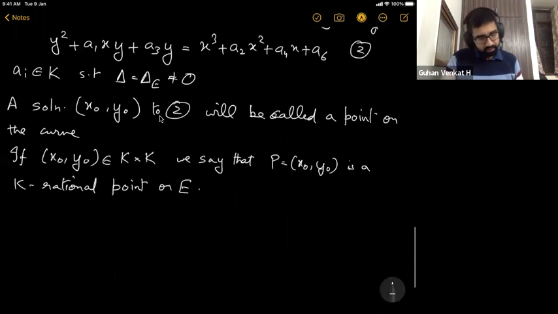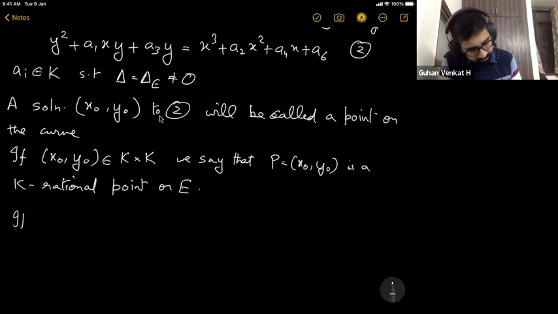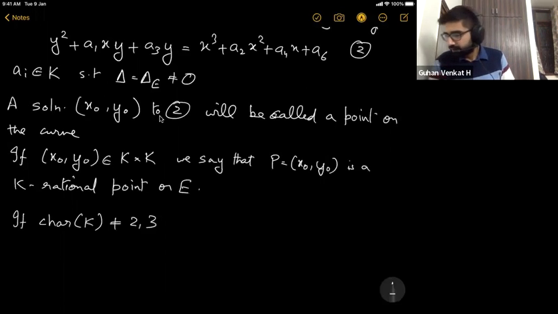All right. So far there's no restriction on this field k, but now suppose the characteristic of this field k is away from 2 or 3. Then we can do a change of coordinates.